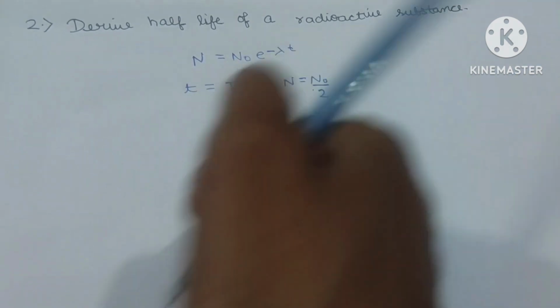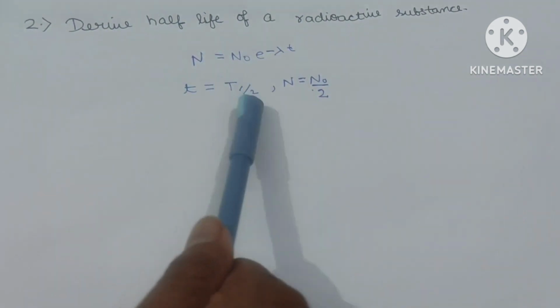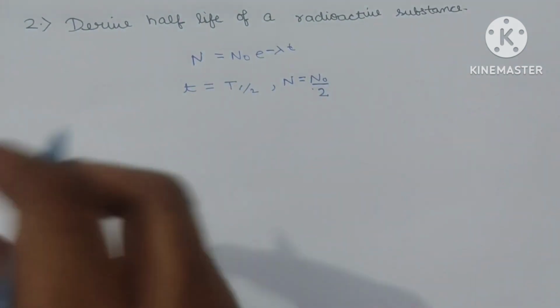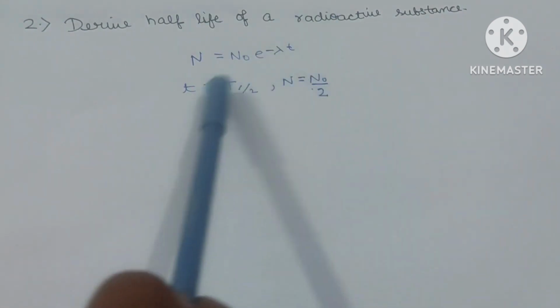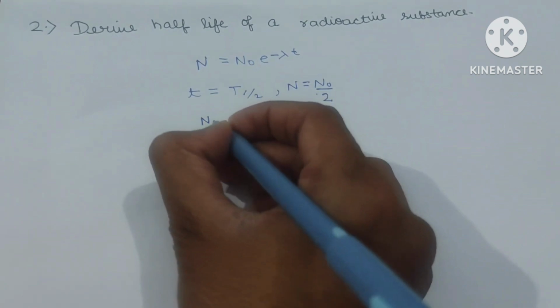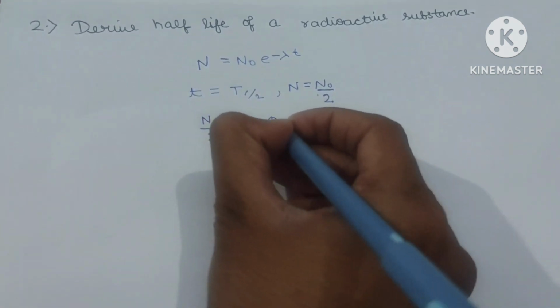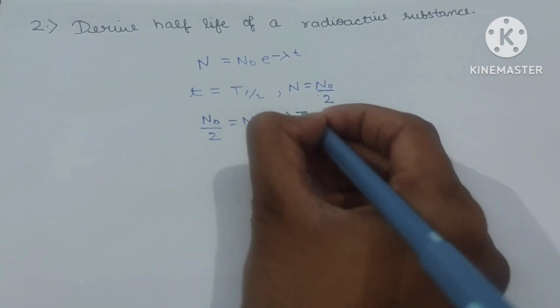Okay, for the condition if we take t equal to t half, and now put both values in there, and we'll have n naught by 2 is equal to n naught. Instead of t, we'll put the t half.